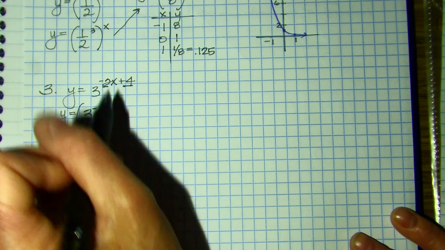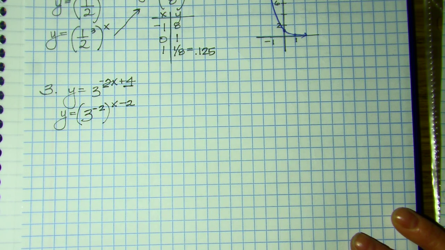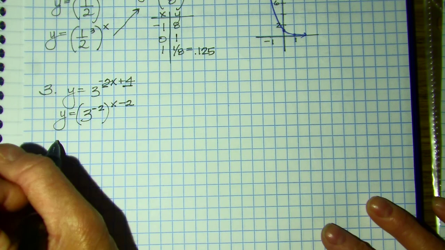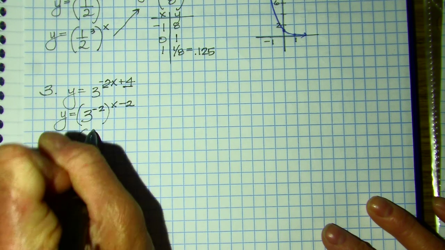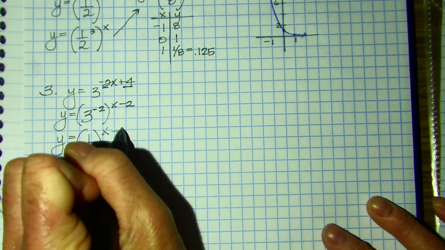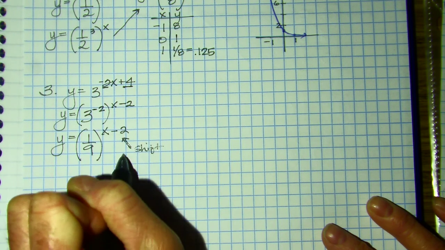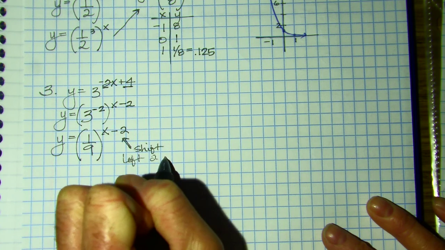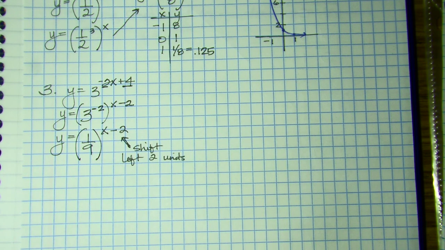So -2 would leave me with x minus 2, and this is much simpler. So now I have y equals 3 to the negative second, which would be 1/9, to the x minus 2, and that right there means a shift to the left 2 units. And so that's exactly what I'm going to do.